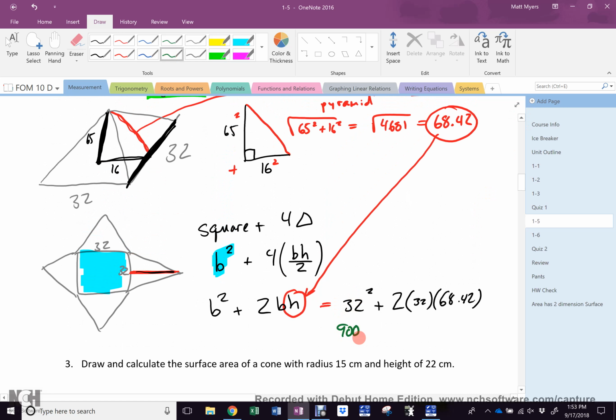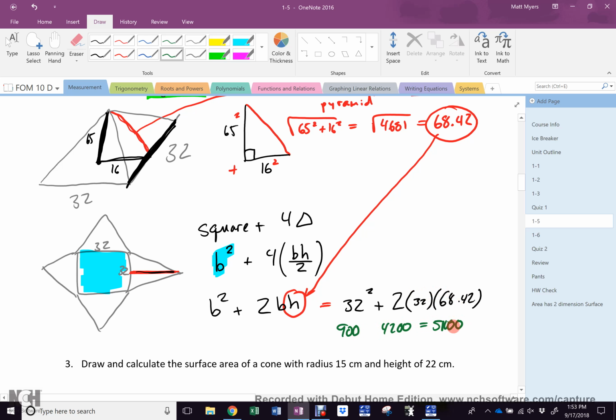That's pretty close to 900, yeah? 2 times 30 is 60, right? And this is almost 70, isn't it? 60 times 70, 6 times 7 is 42, and 2 zeros is 4,200, correct? Add them up, and you should come up to around 5,100, yeah?